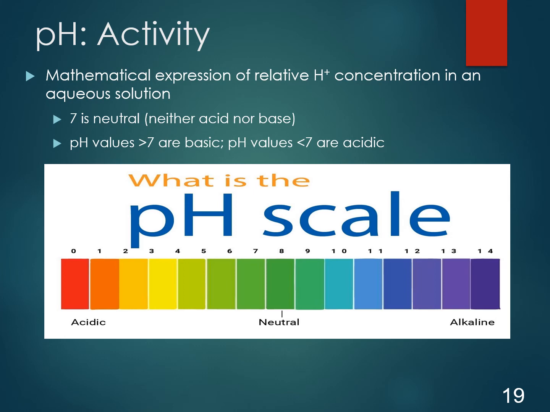As we move up the scale from 7, our hydrogen ions continue to decrease by factors of 10. When we're talking about normal pH levels for blood, blood is slightly alkaline with a pH of 7.35 to 7.45.